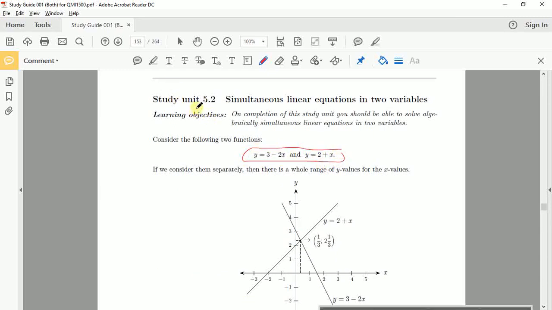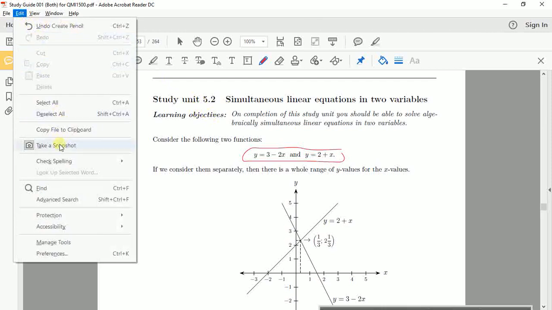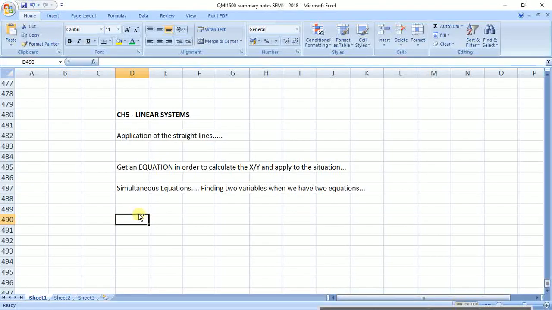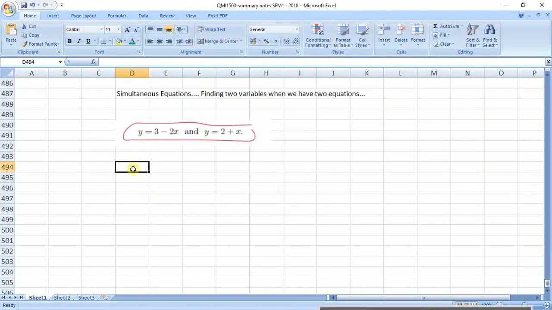Let's copy that. Do you agree I've got two equations? Equation 1, equation 2. So y equals 3 minus 2x, and here y equals 2 plus x.